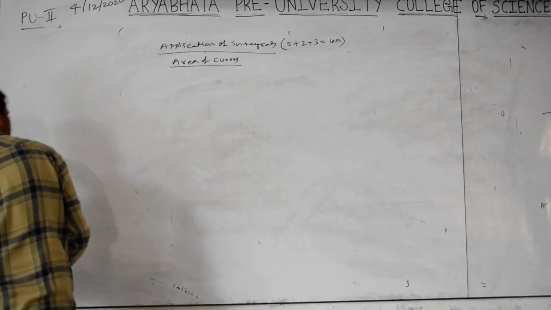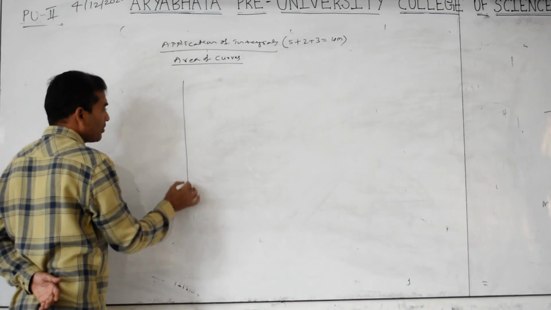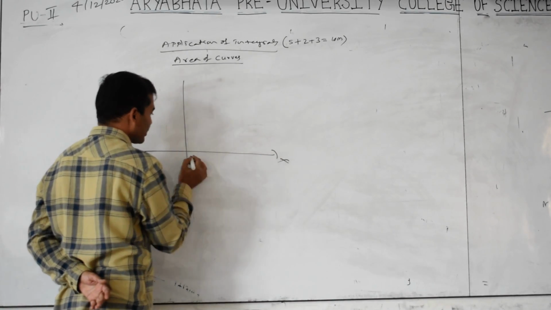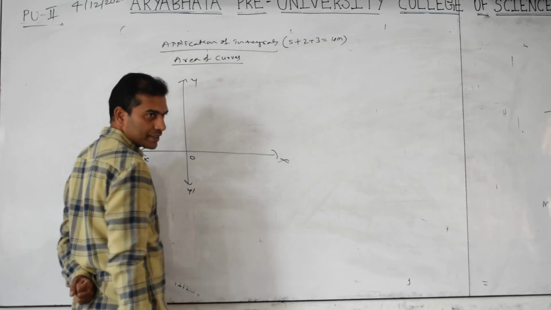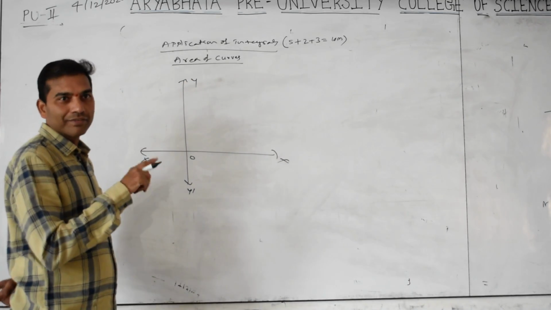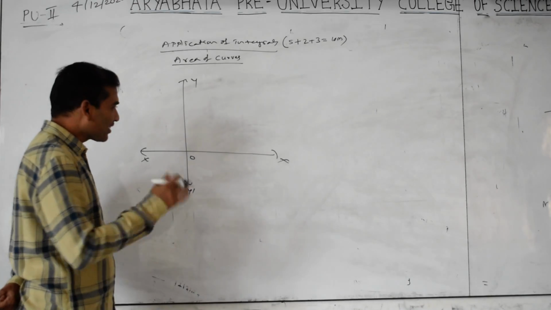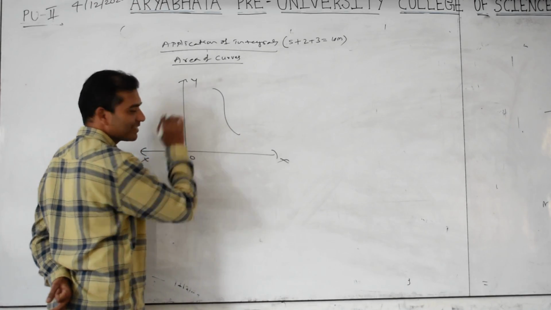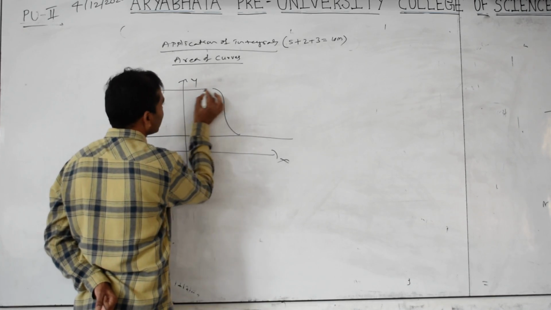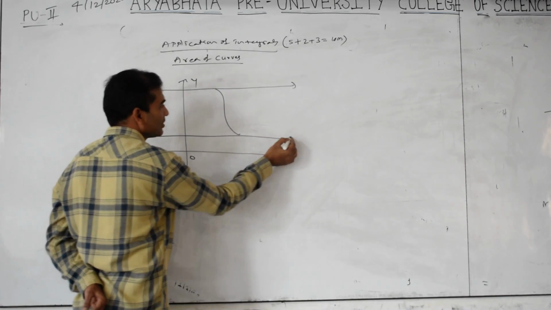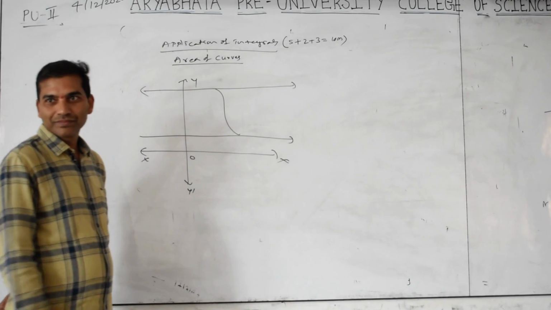Next, for example, the curve may be like this. Here x o x dash, y o y dash. Always we have taken the x axis, but the y axis may also be used. If the curve is like this, it is bounded by the y axis. How can we find it?